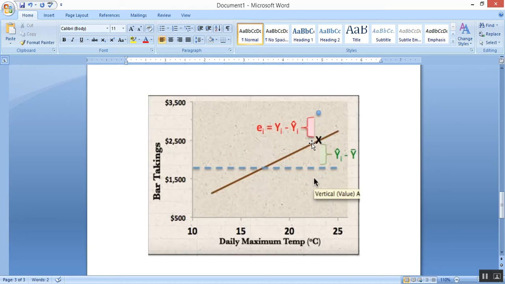But in the best fit line, what we're going to find is that the observation right here at the top on the right-hand side of this diagram is higher than predicted. We predicted that because the temperature here was higher than on most of the other days, we would have a higher than average value attached to our earnings for that day, attached to our dependent variable.